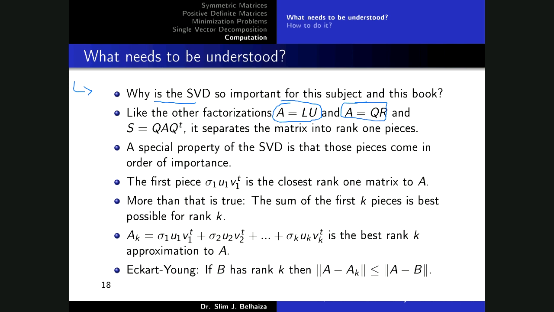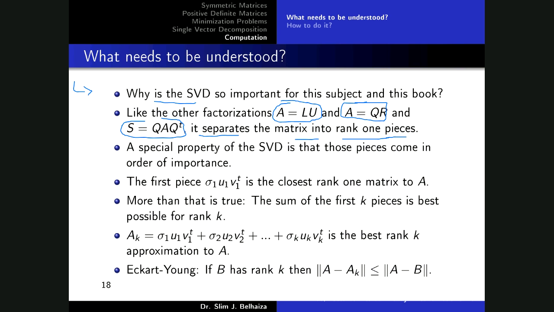The spectral factorization writes the matrix into rank 1 pieces. If we are able to write a whole huge data into the sum of rank 1 matrices, it's beautiful. You'll be able to decompose your data, to understand it deeply, and moreover, to store it in an appropriate way, compress it if you wish.